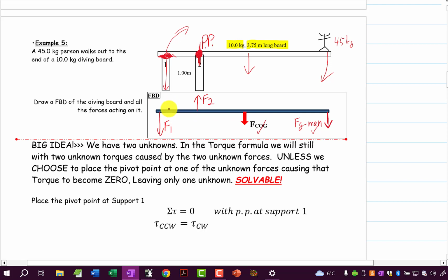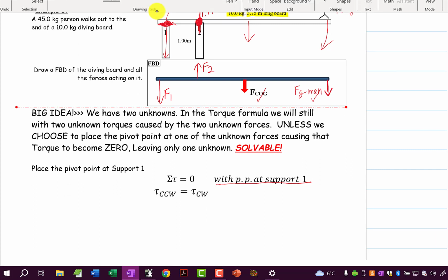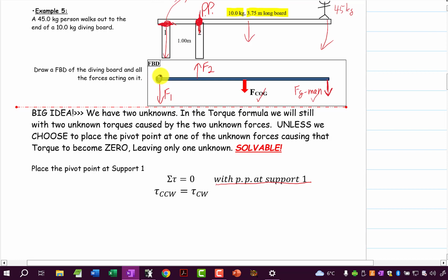So the big idea here is put the pivot point at one of your unknown forces. The first time we're going to do this, we're going to put the pivot point at number 1. What does that mean? If you had to draw it, boom. I'm putting the pivot point there.